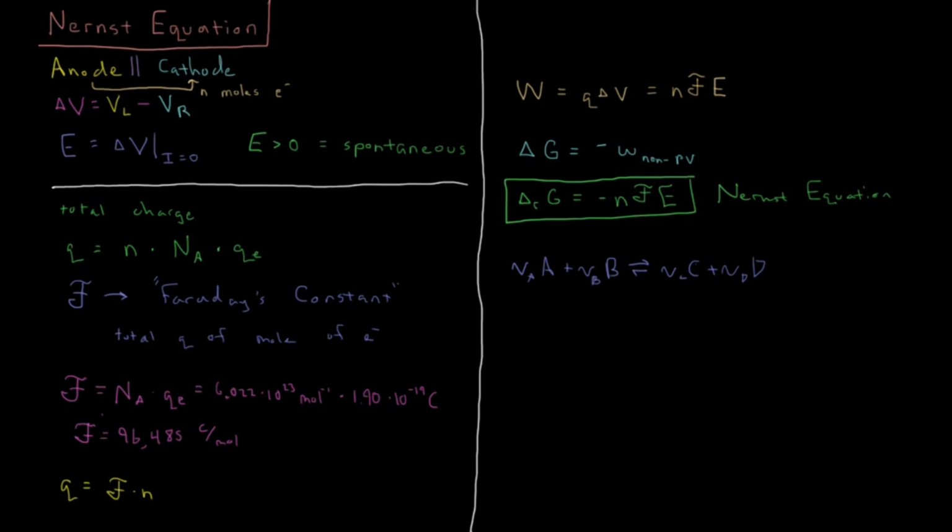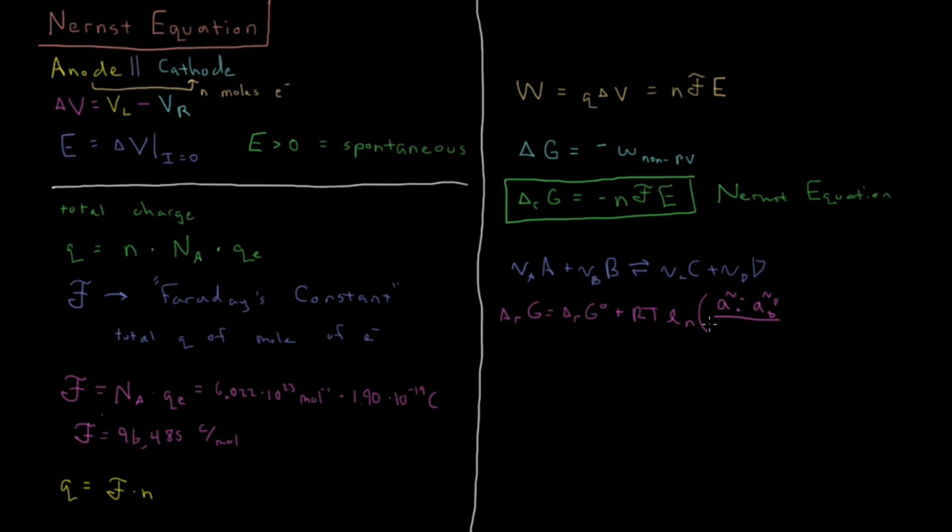Okay, so for our equilibrium, if we're interested in the Gibbs energy of reaction, delta rG would be equal to the standard Gibbs energy of reaction plus RT log Q, our reaction quotient, which in this case would be the activity of the products raised to their stoichiometric coefficients.